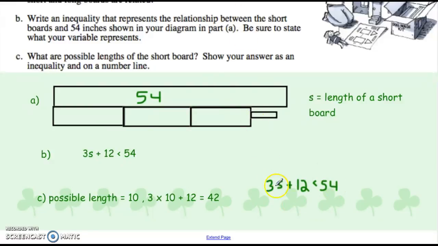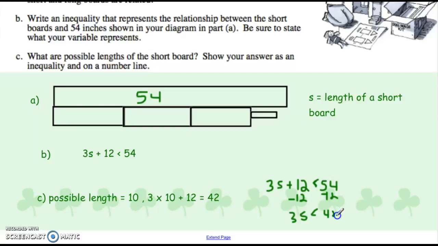The way you'd solve to see what S could be is you solve it for S. So I need to get S by itself, so I'm going to subtract 12 from each side, and I would end up with 3S is less than 42.